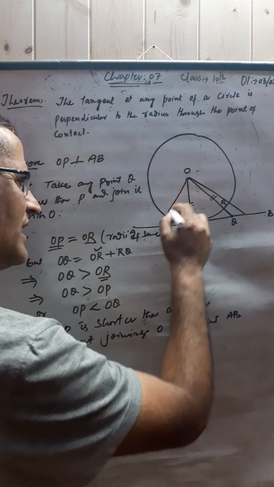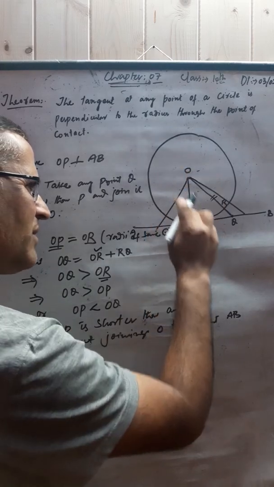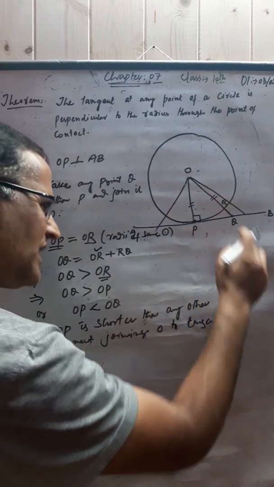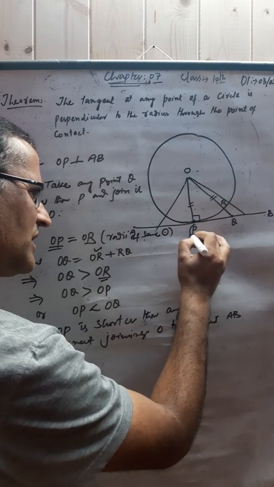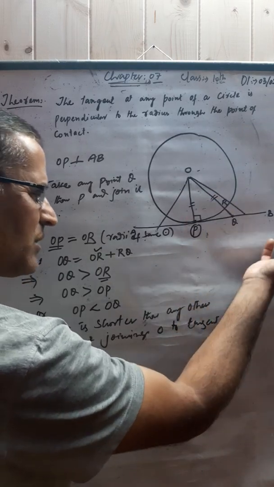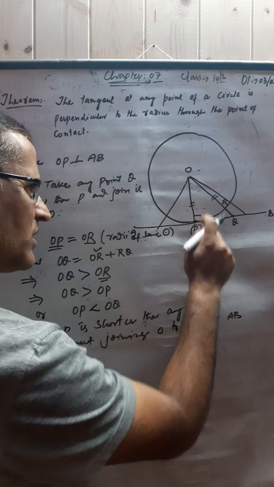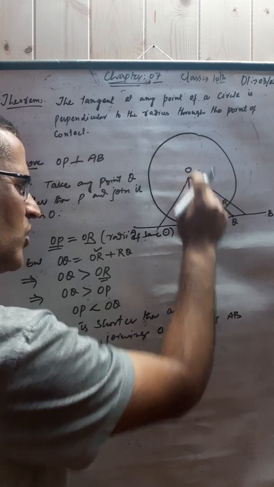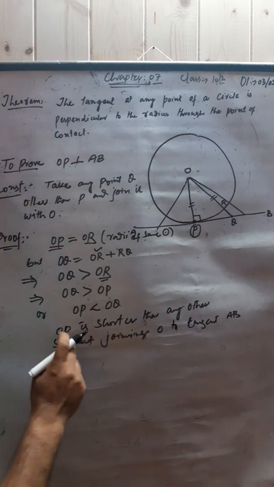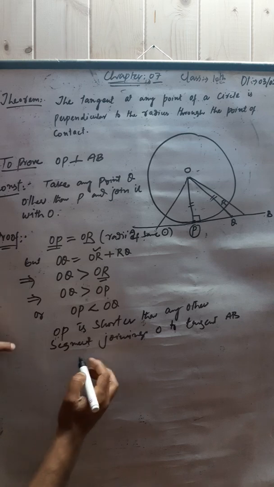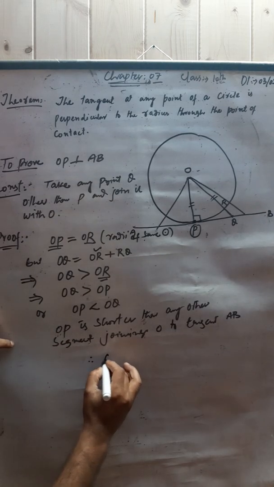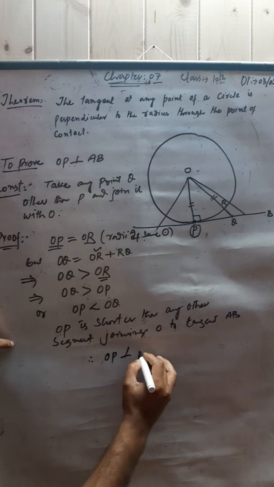If we draw another segment like this, OP will be shorter than this line segment. So any other segment, excluding OP, will be greater than this radius OP. So we can write: OP is shorter than any other segment joining O to tangent AB. In this manner, we can write that OP is perpendicular to AB.